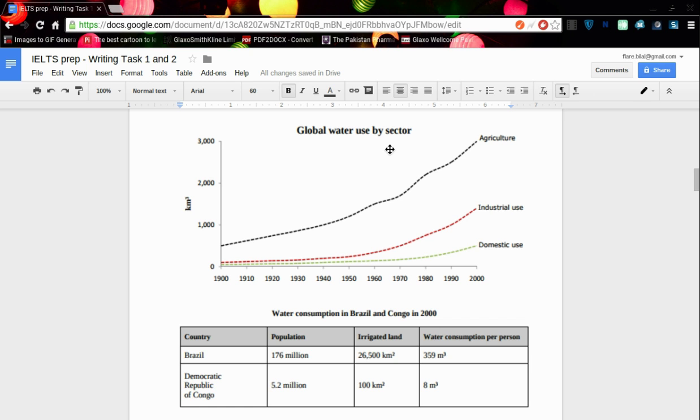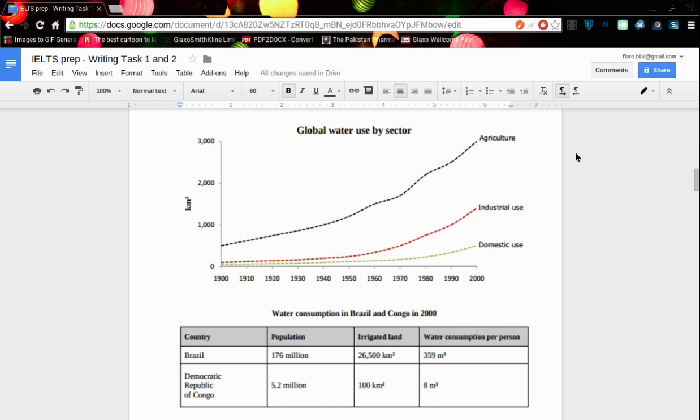Some can even say that the first 7.5 minutes should be spent on understanding what the information is about, and then you should write for the other 12.5, because writing 150 words is not a big thing, but writing on a quality basis, that is the main thing here.